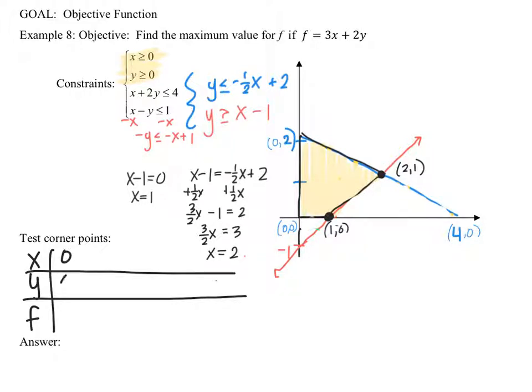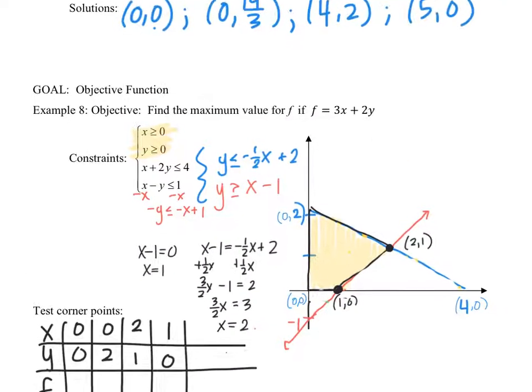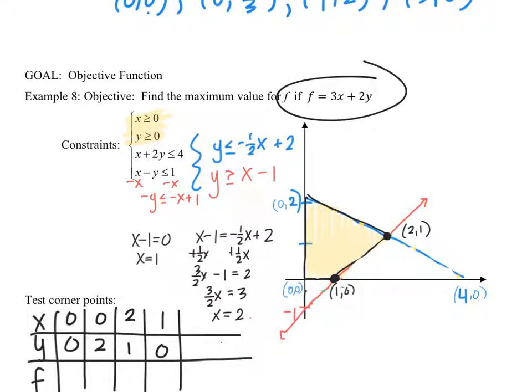So here's how I like to do it. I make an X, a Y, and an F chart, and I just test them all using the F equation that they gave me. I'm going to test the 0, 0 corner, the 0, 2 corner, 2, 1, and 1, 0. So those are all the x's and y's from all the corners, and I'm going to plug them into the equation for f, which was given to me right up here at the beginning. F is equal to 3 times whatever x is plus 2 times whatever y is.